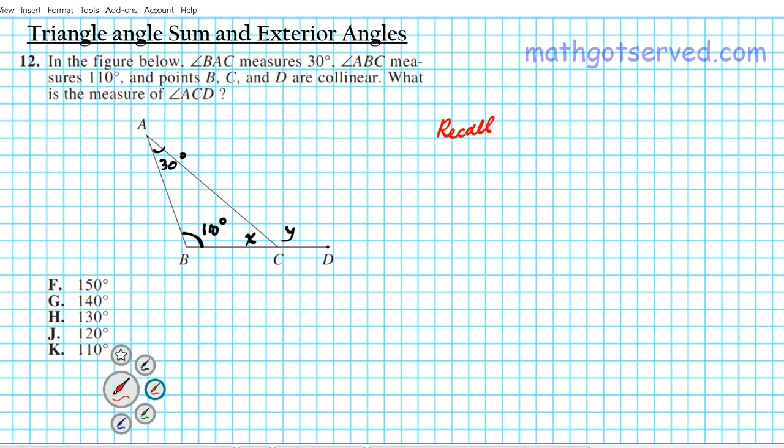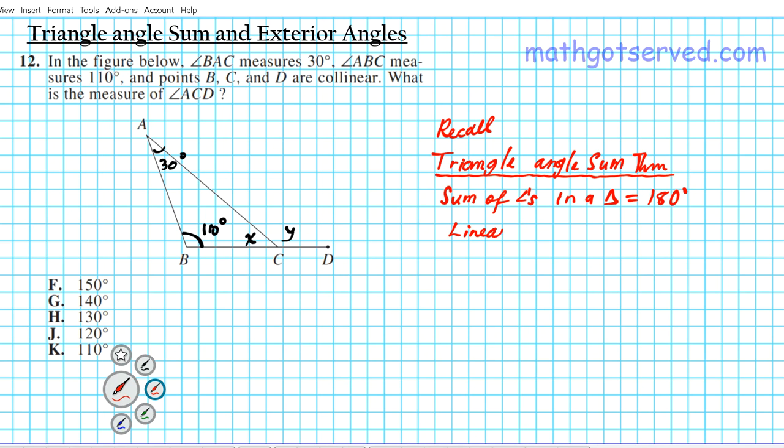Let's recall the relevant theorems and postulates for this problem. You want to remember the triangle angle sum theorem. What does it say? The sum of angles in a triangle equals 180 degrees. And then you also have to remember your linear pair postulate.